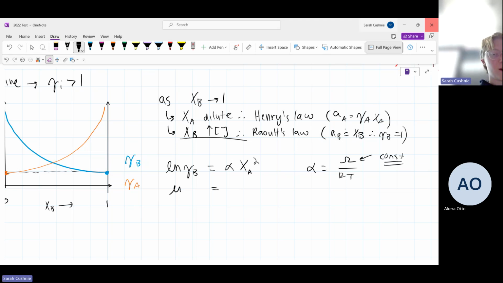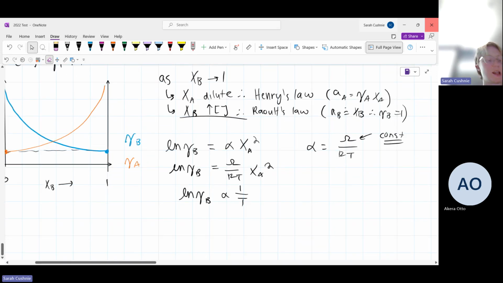So ln gamma B is equal to omega over RT times xa squared. What we can say is that ln gamma B is proportional to 1 over T, ignoring everything else. We're just looking at how temperature relates to our gamma. So this shows that as T increases, our gamma is going to decrease.